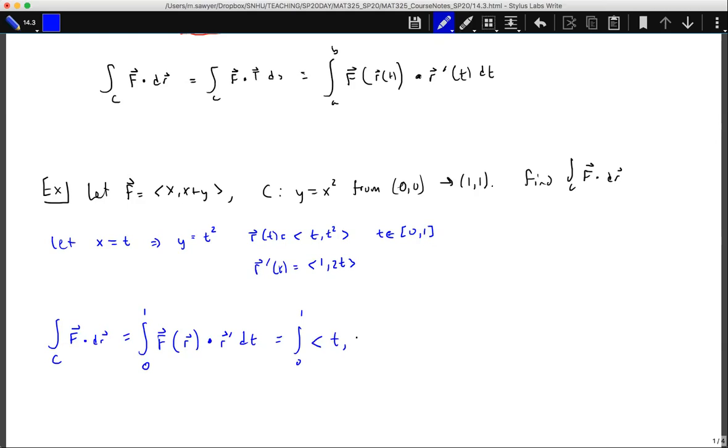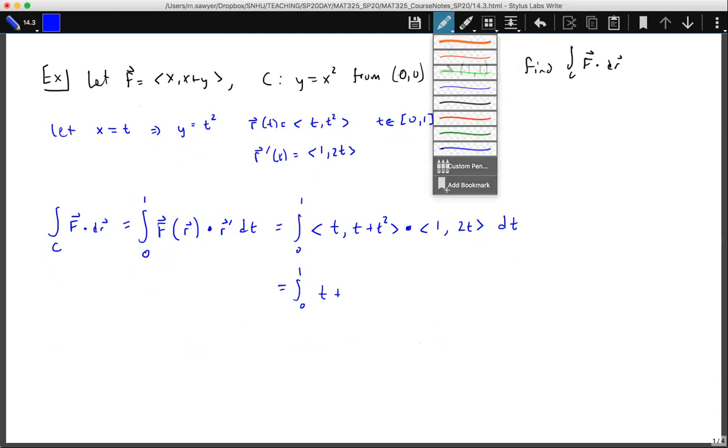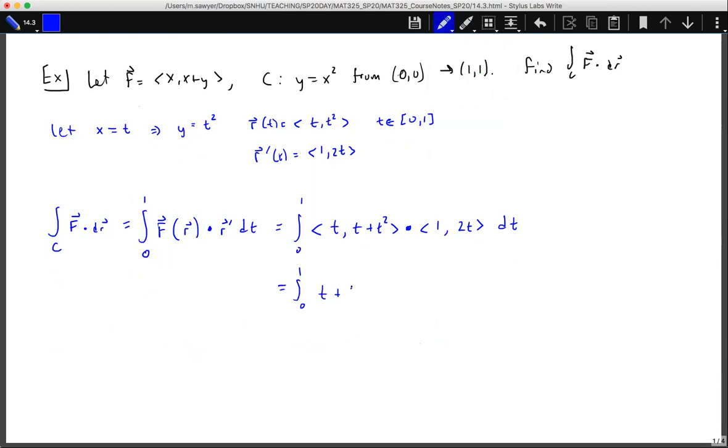Our y component is given by t plus t squared for our vector field, dotted with 1 comma 2t, and then dt. So from here, we evaluate the dot product, so we get t plus 2t squared plus 2t cubed dt.